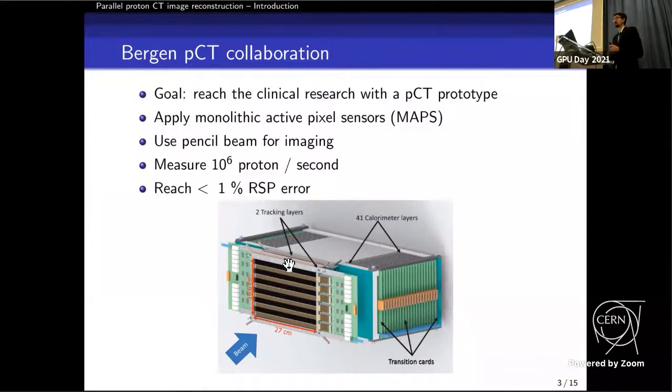Of course, it also requires years, but it doesn't really require other resources, only computational power. That's why I talk about it here, because it requires a lot of computational power. So let's try to find a proper image reconstruction technique, and it's worth optimizing it to maximize the advantage coming from the development of the proton CT detector.